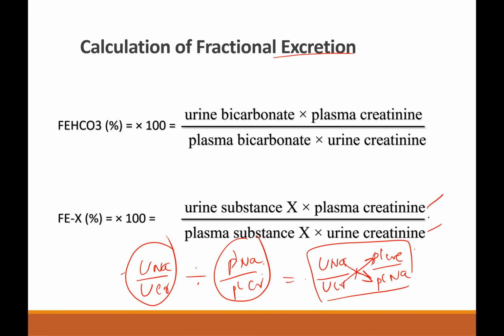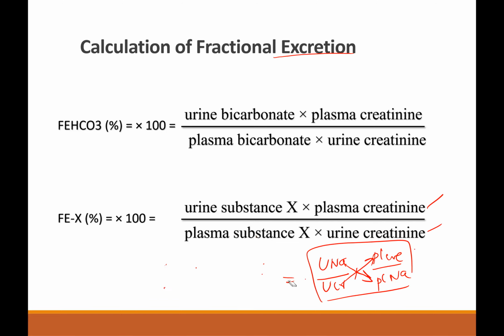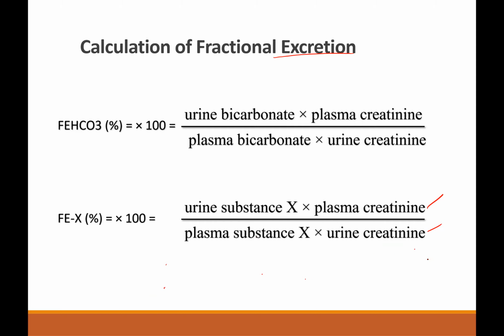By cross multiplication, urine substance X divided into plasma creatinine divided by the plasma substance X, whichever you are dealing, into urine creatinine. So plasma creatinine is the top, urine creatinine is the bottom. Excretion is the problem. That is why we were looking at the urine of the substance. Substance in the urine is on the top, substance in the plasma at the bottom.